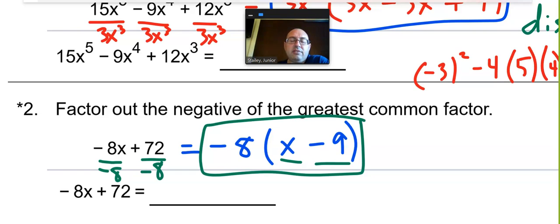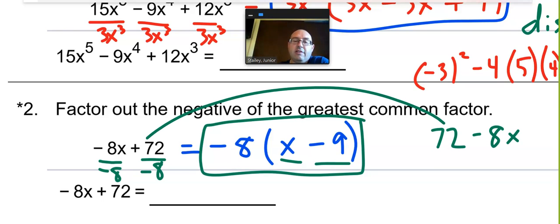This trick happens a bunch in Algebra 2 and then pre-calc, and that's how you can end up getting things to flip around. Sometimes they'll do things like 72 minus 8x. Well, that's just fancy talk for what you have over here. To take care of that, you pull out a negative number and then flip things around. Then the factor looks normal, x minus 9, instead of negative 9 plus x.